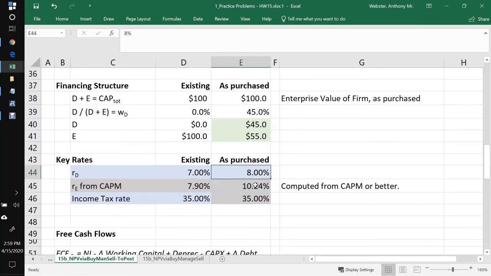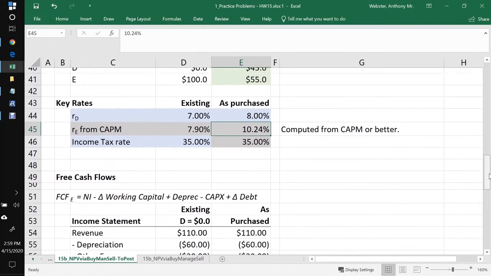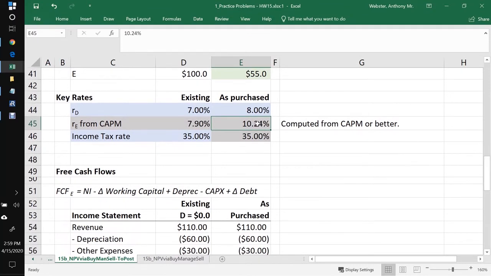And as we lever up the firm, the cost of equity capital should still be higher than the cost of debt capital, and also much higher than the cost of equity capital if the firm is unlevered. It's higher than unlevered because of more risk of bankruptcy, and shareholders typically get nothing. And it's always higher than the cost of debt capital because in this levered state, if the firm goes bankrupt, the debt holders will get something. Shareholders typically get nothing in bankruptcy, so they demand a higher return because of that.